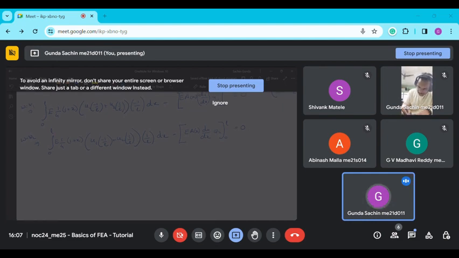Okay, we will write in terms of u1 and u2. We want to segregate these things because right now the unknowns are u1 and u2.